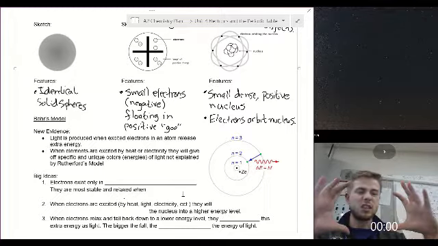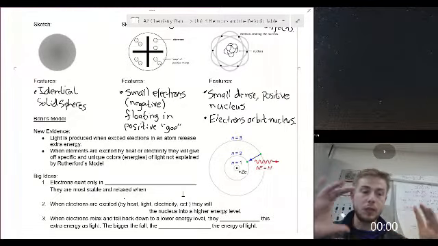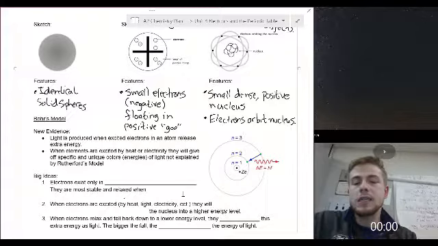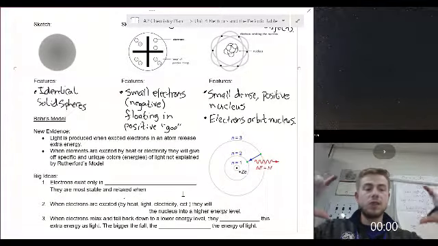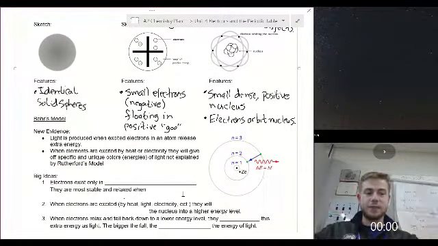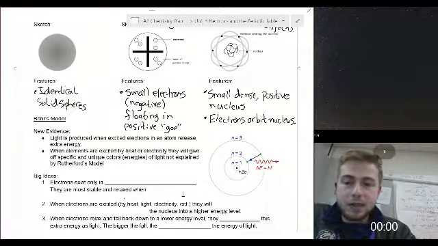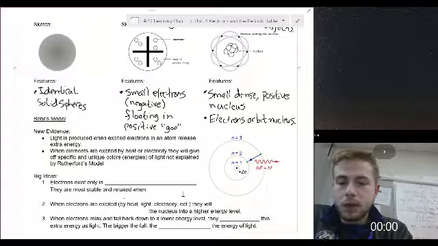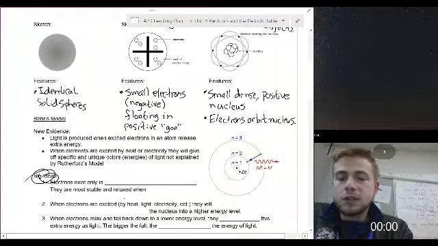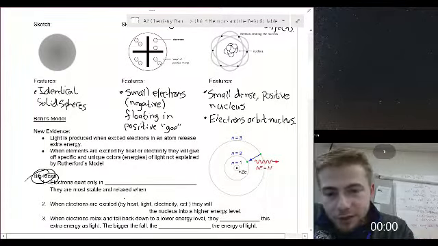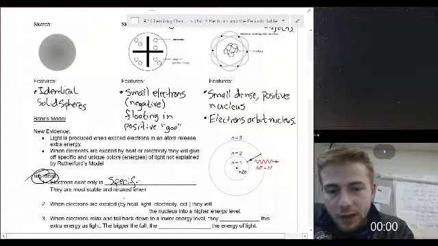Instead of electrons just being in one specific ring or one specific energy level, he said that electrons exist only in very specific energy levels, and there are different sizes for different energies. So what we're going to say for the big ideas of Bohr's model is that electrons only exist in specific energy levels.